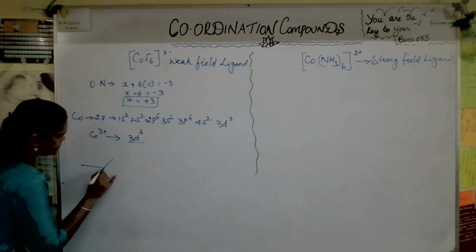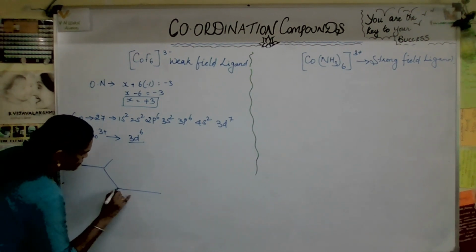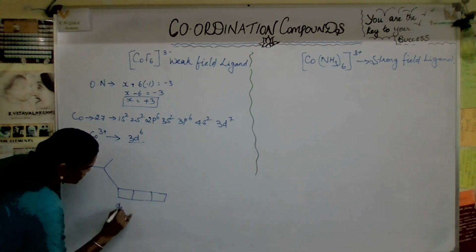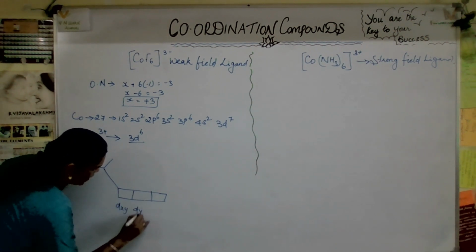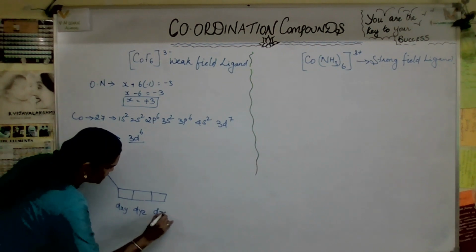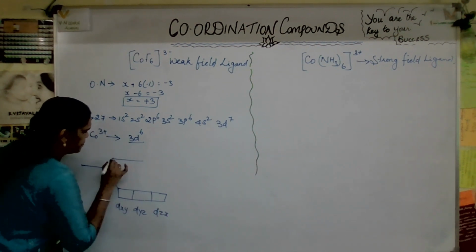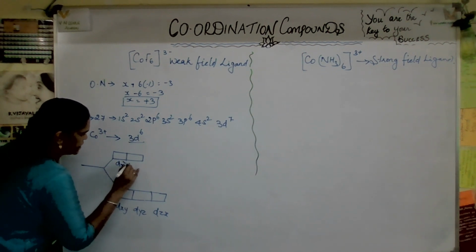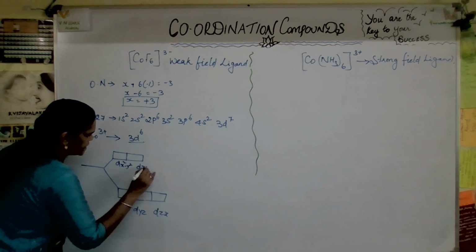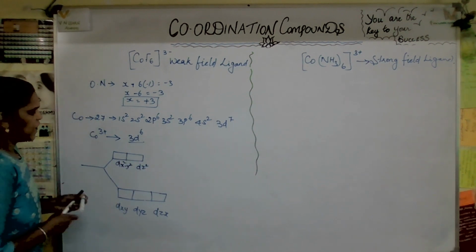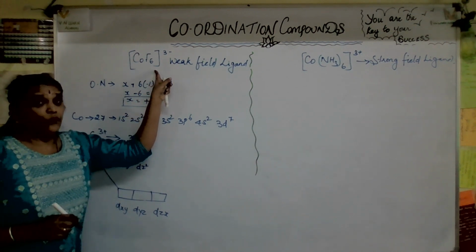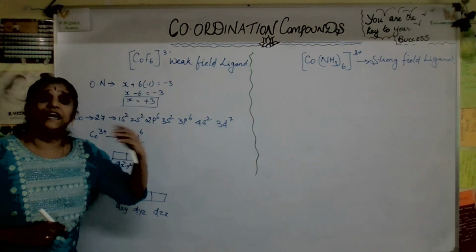Now 3d: how to fill the electrons? Here dxy, dyz, dzx, and the same way here dx square minus y square and dz square. Now you have to fill them. This is a weak field ligand, so that means it cannot pair up.